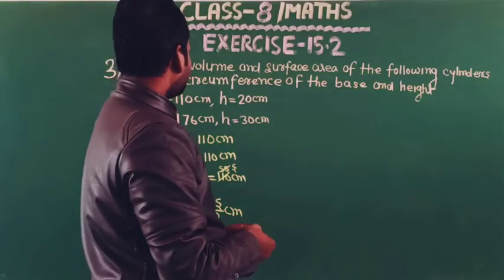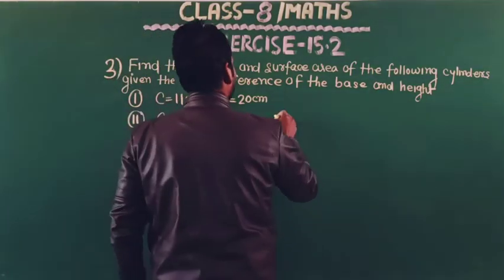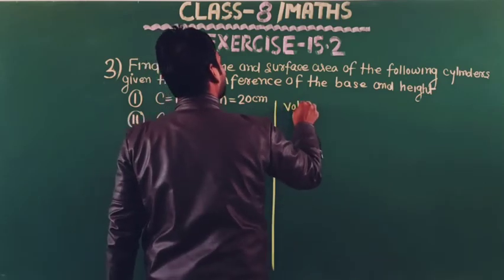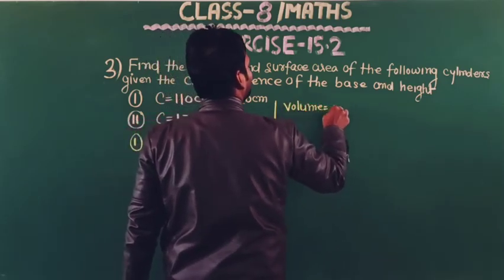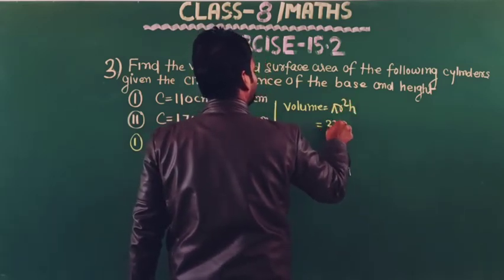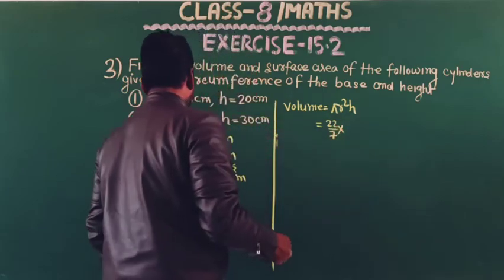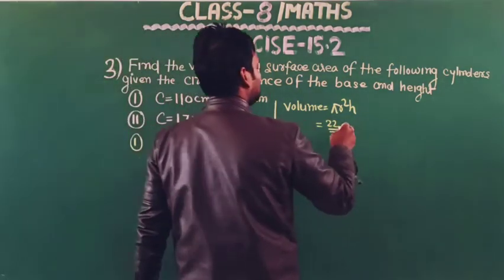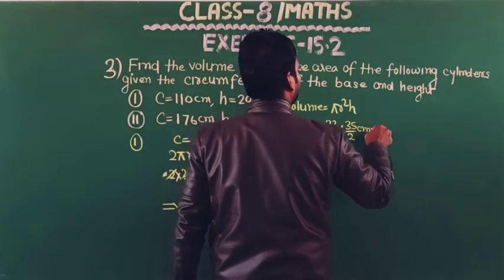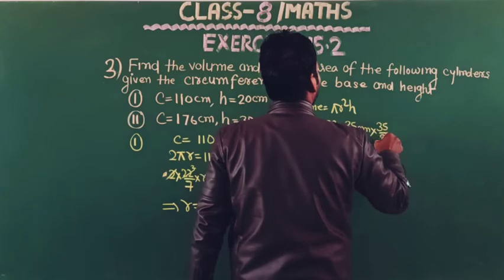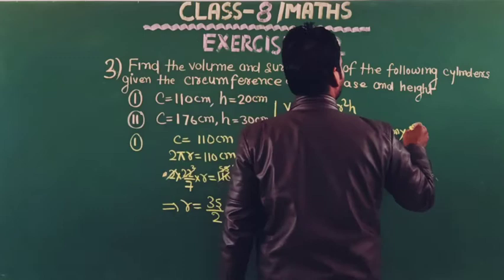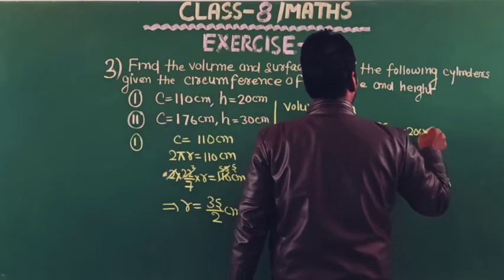Then volume equal to pi r square h. So this is 22/7 into radius r is 35 by 2 centimeter into 35 by 2 centimeter, and height is 20 centimeter.